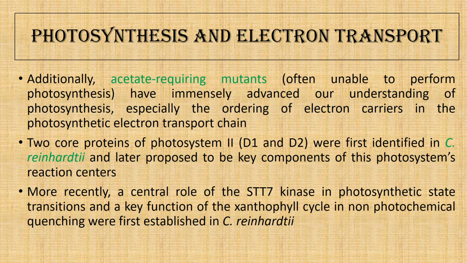The photosynthesis and electron transport in Chlamydomonas can also be studied to understand photosynthesis and electron transport that happens in plants. Because it is a single celled organism, it is very much easier to study the various photosystem related processes, various proteins and the electron transport system than in a multicellular plant body.